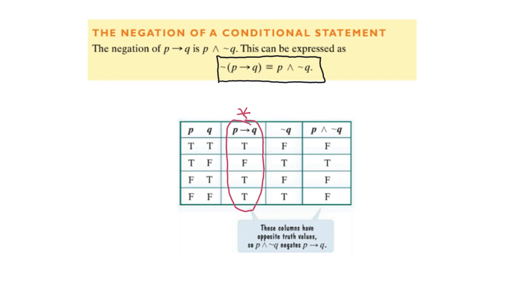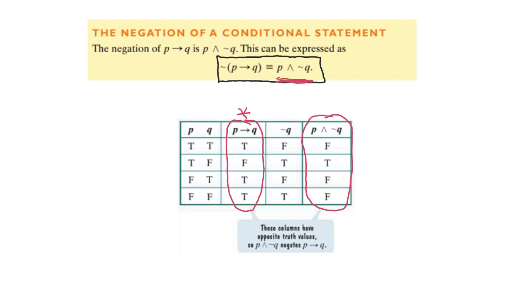If P then Q, the results end up with true, false, true, true. And then we take this statement on the right, P and not Q, and we find the truth values for that statement.